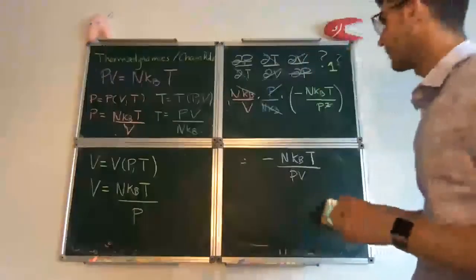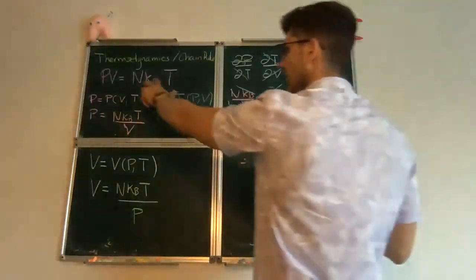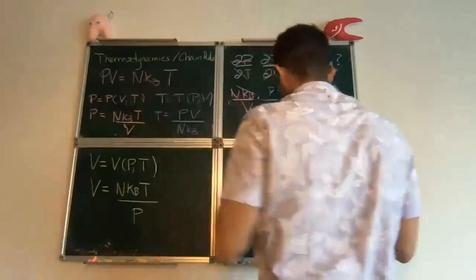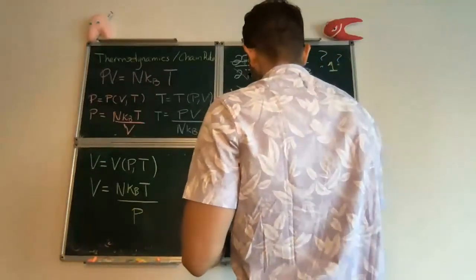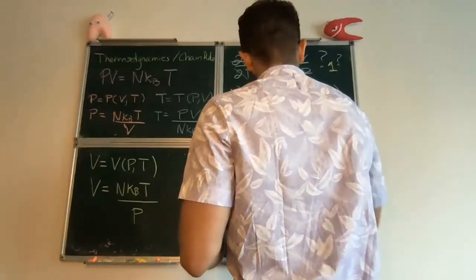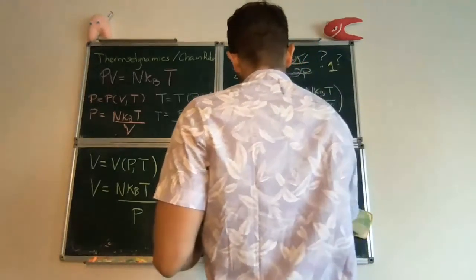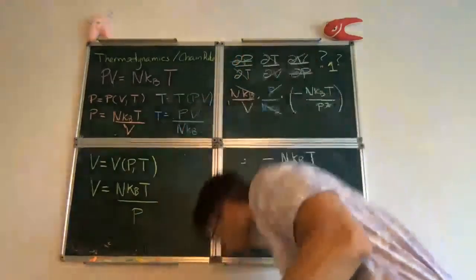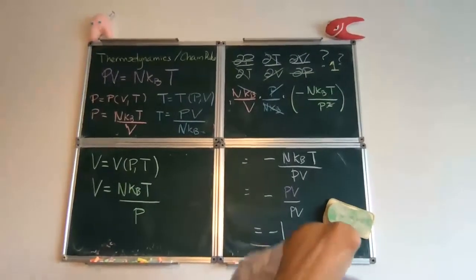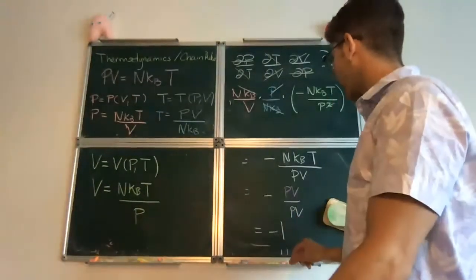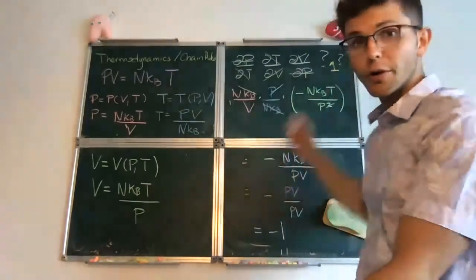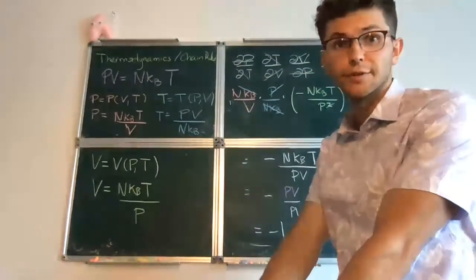But if you look, because of the ideal gas law, NKVT is PV, so you get minus PV over PV, and so you get negative 1. So really instead of 1 we're getting negative 1, which is sort of surprising.